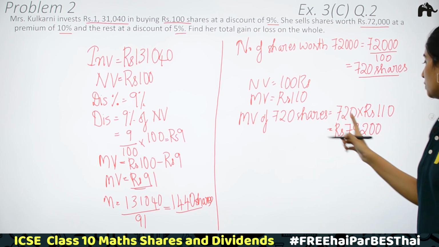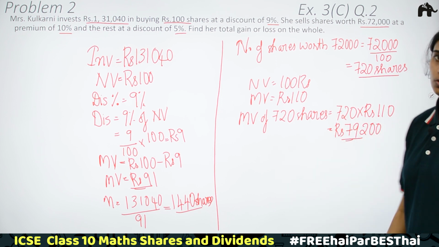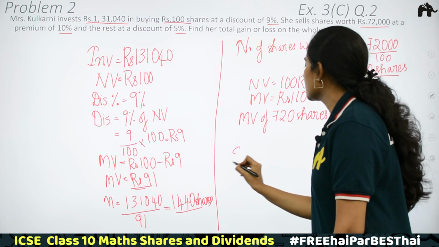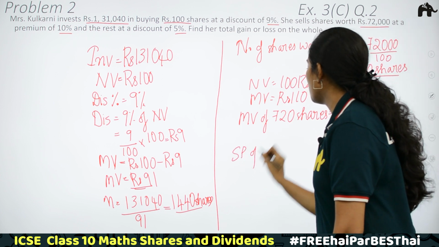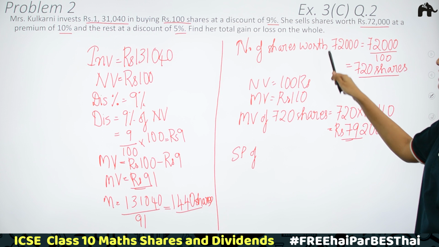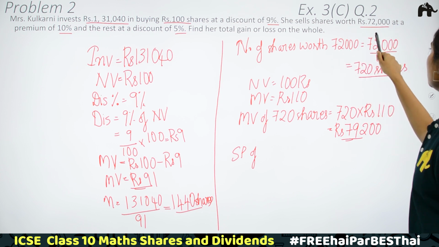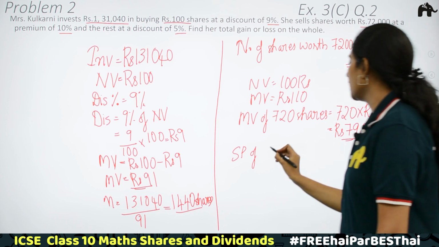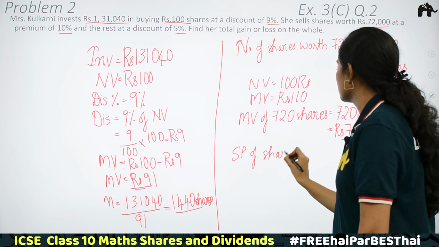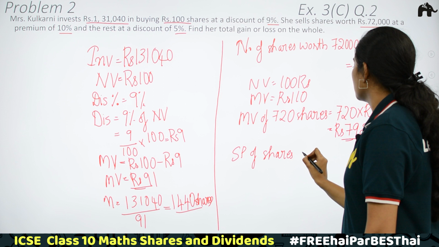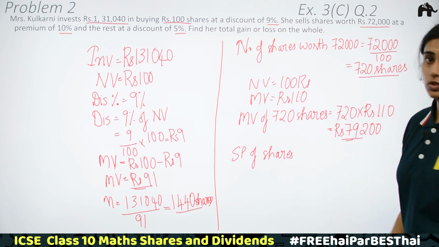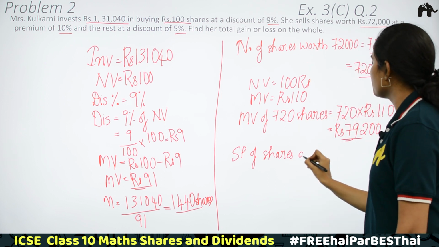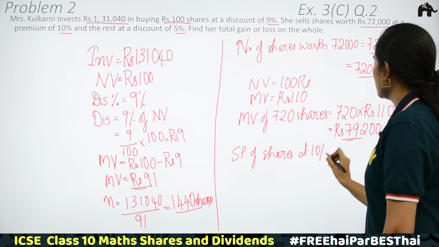Okay. Rupees 79,200. This is the selling price of shares worth rupees 72,000 at a premium of 10%.